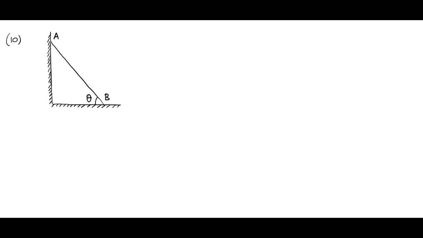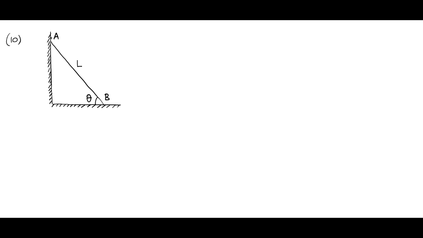So we start with the extra classwork problem number 10. In this problem, there is a uniform rod AB and the length of that rod is given to be L. This rod is kept inclined at an angle theta with the floor as shown.